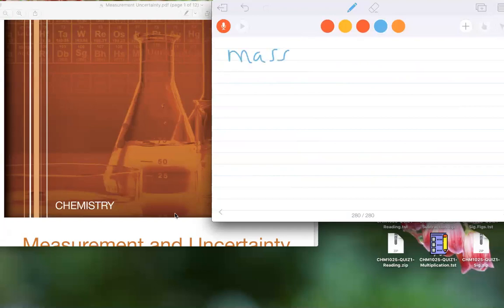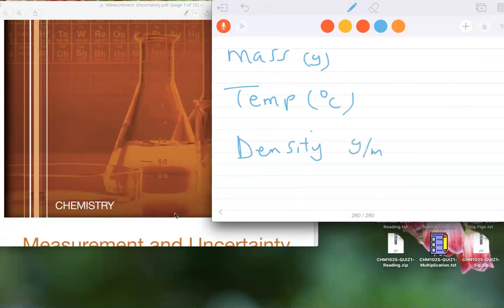This is what we will be measuring: temperature in degrees Celsius, and what we call the derived unit, density, in grams per mL. These are the three measurements we will measure in today's lab on measurement and uncertainty.